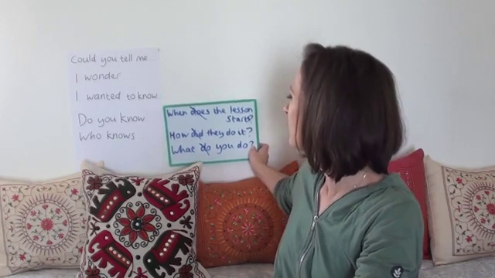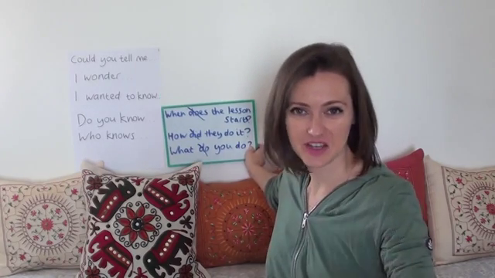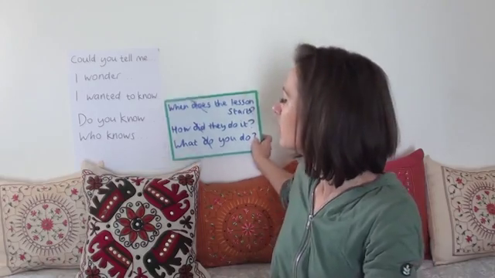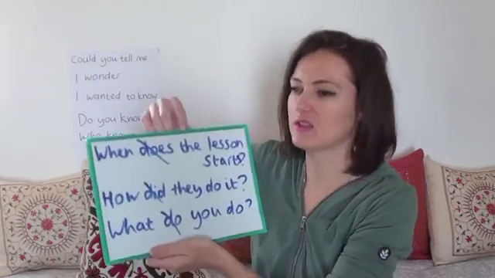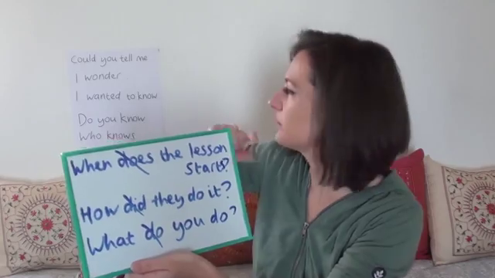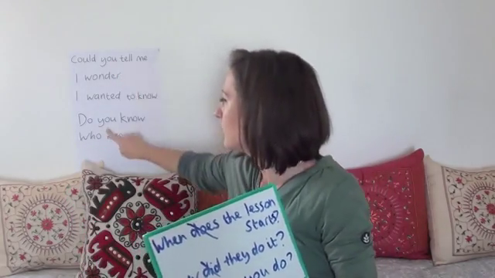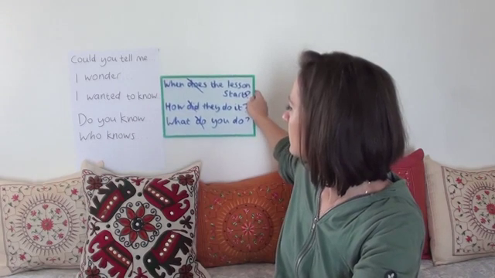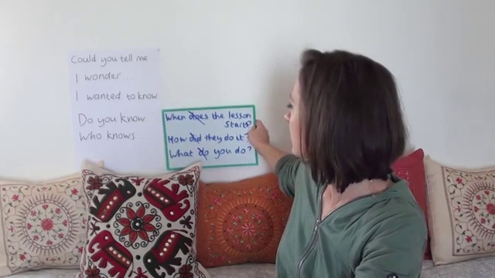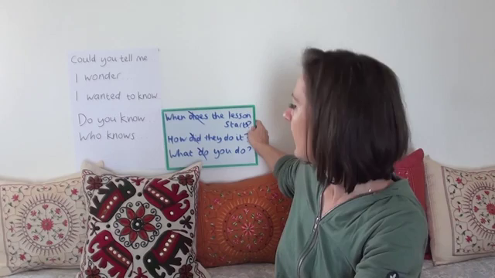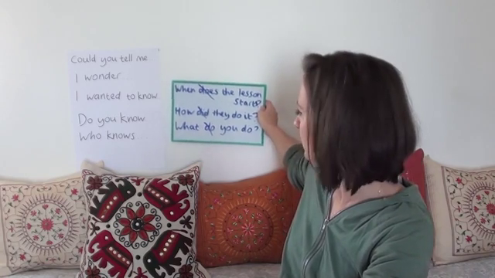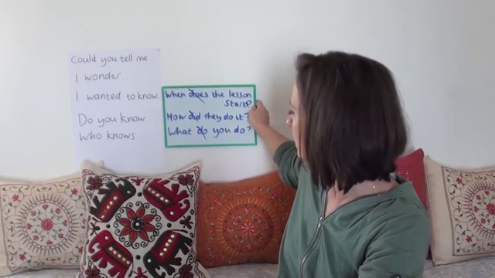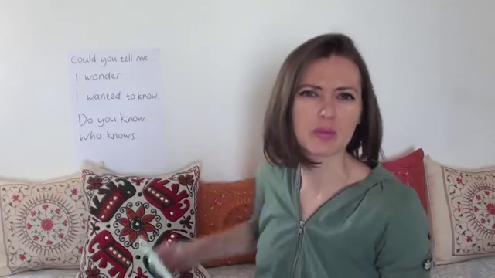Do you know when the lesson starts? That's another example. The same way that we needed to change this with the S, because of you here, we need to change here also. Do you know when the lesson starts? And let's do one more example. Who knows what you do? That would almost be rude.